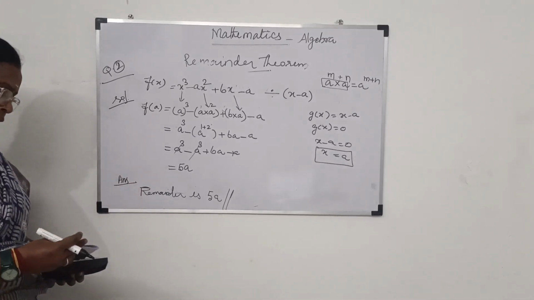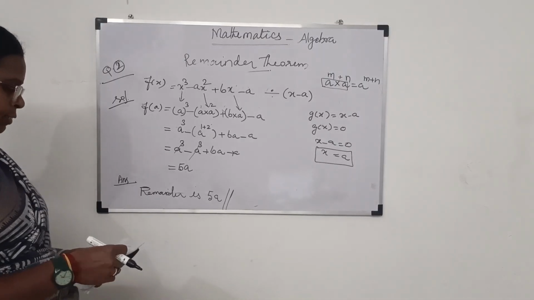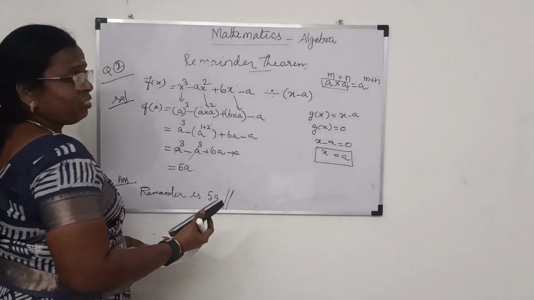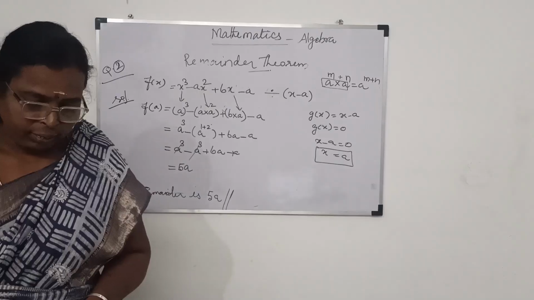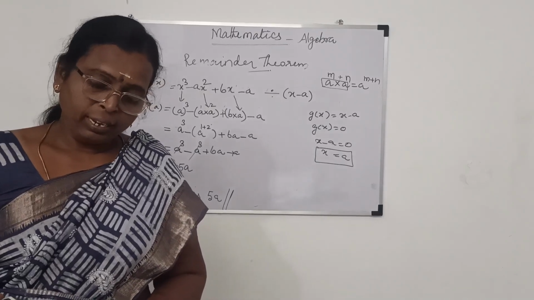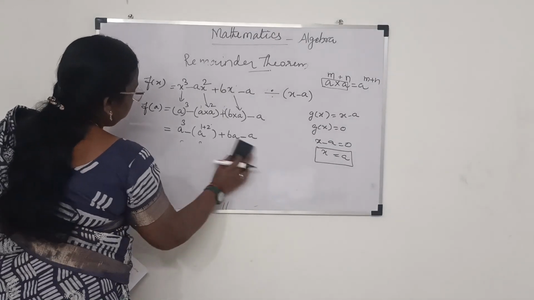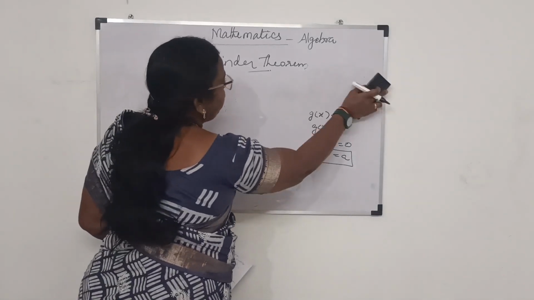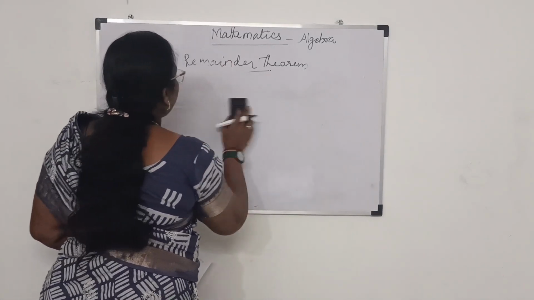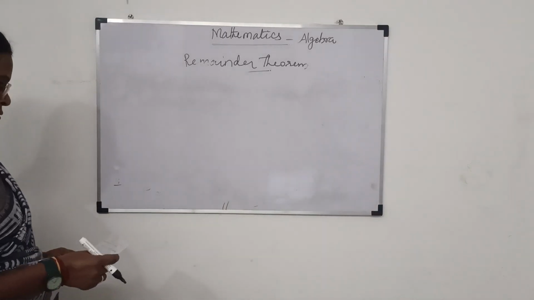Okay. So the next one, one more sum we will see. What is given is, without actual division, prove that f of x is exactly divisible by some other polynomial. It is not a single variable expression, but instead, another polynomial with one variable is given.